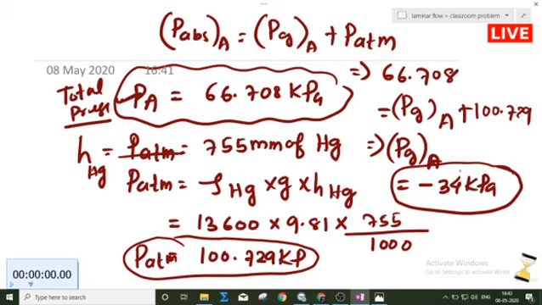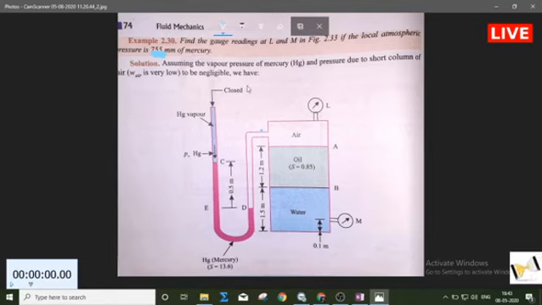Now we have to find the pressure at point M. We found the pressure at point L. Now I have to find the pressure at point M. How can we find it?